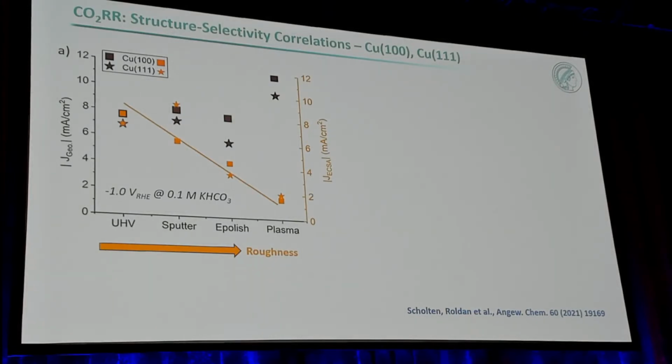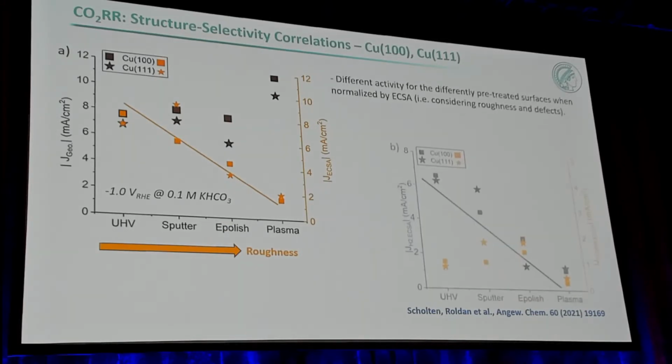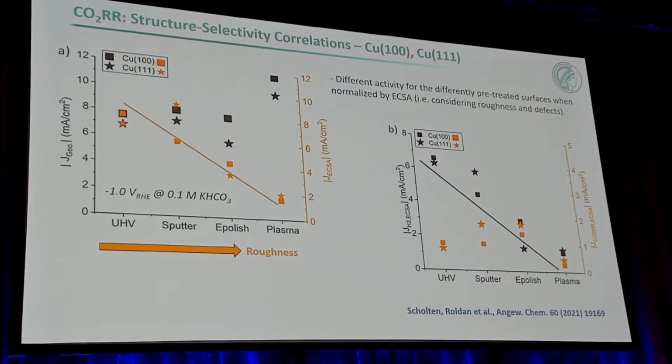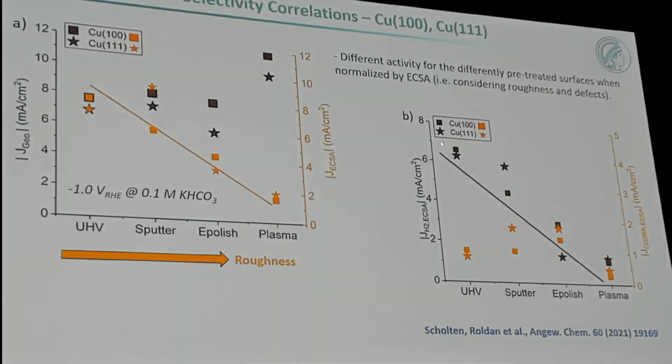And this was surprising. The changes in the roughness here are relatively mild compared to when people are looking at three-dimensional structures. So these are all single crystals where we are introducing defects in a very controlled way. But you can learn, if you look at this in a little bit more detail, if you separate hydrogen production from the CO2 electron reduction products. So hydrogen production is shown here in red, in black.